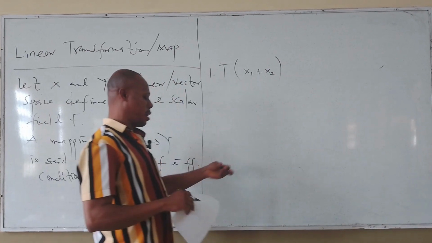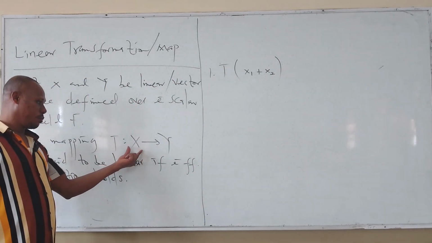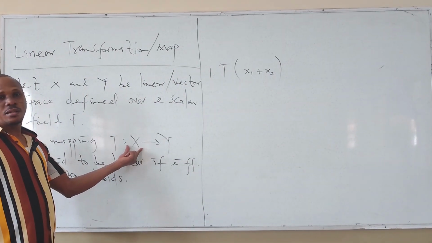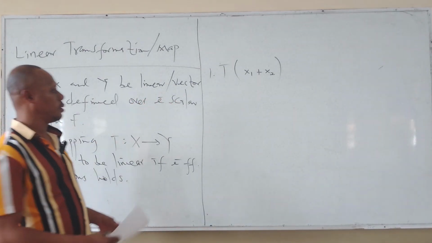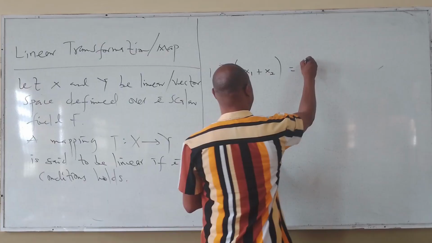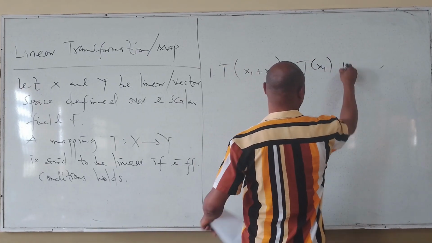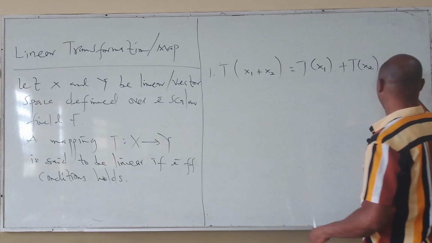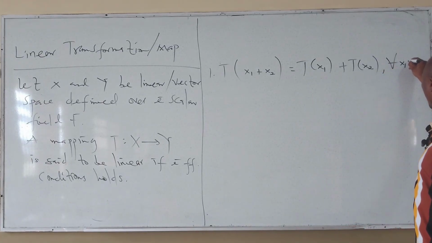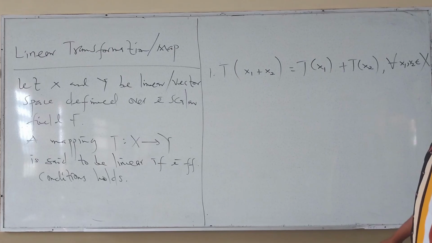Remember, x1, x2 are members of the vector space X. We can write this as T of x1 plus T of x2, for every x1, x2 a member of capital X.